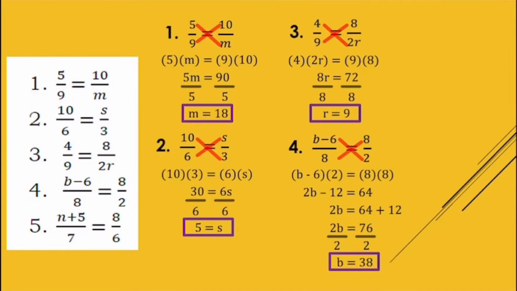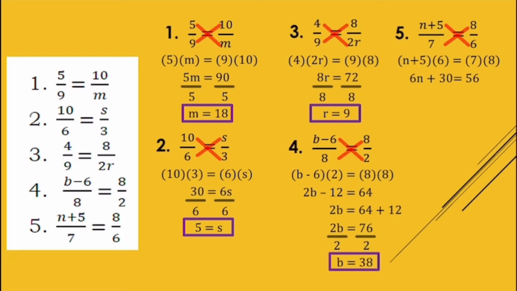Now for number 5, we have n plus 5 over 7 is equal to 8 over 6. Let's multiply n plus 5 times 6 is equal to 7 times 8. So n plus 5 times 6, we have 6n plus 30 is equal to 7 times 8, we have 56.